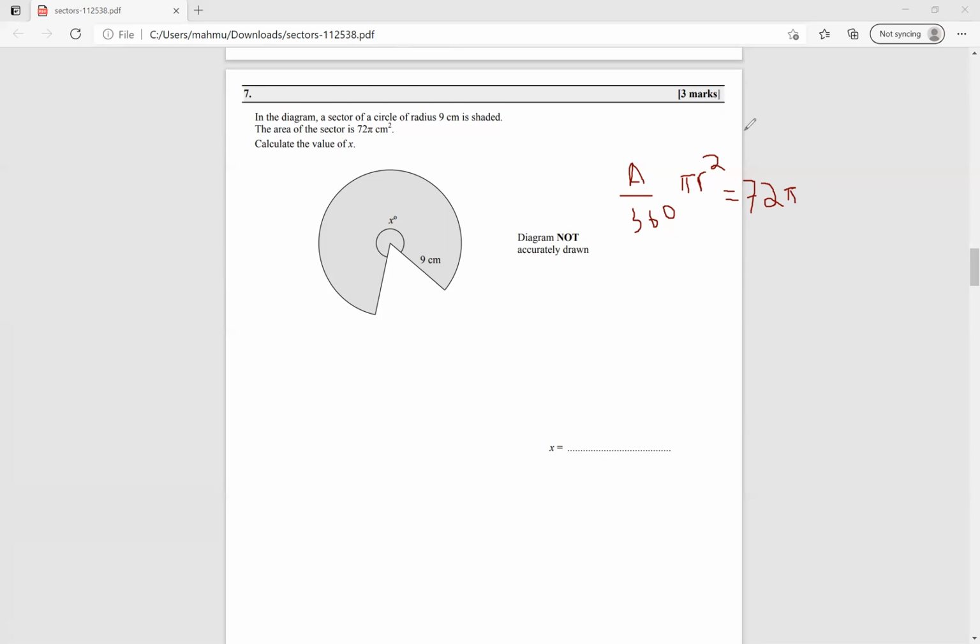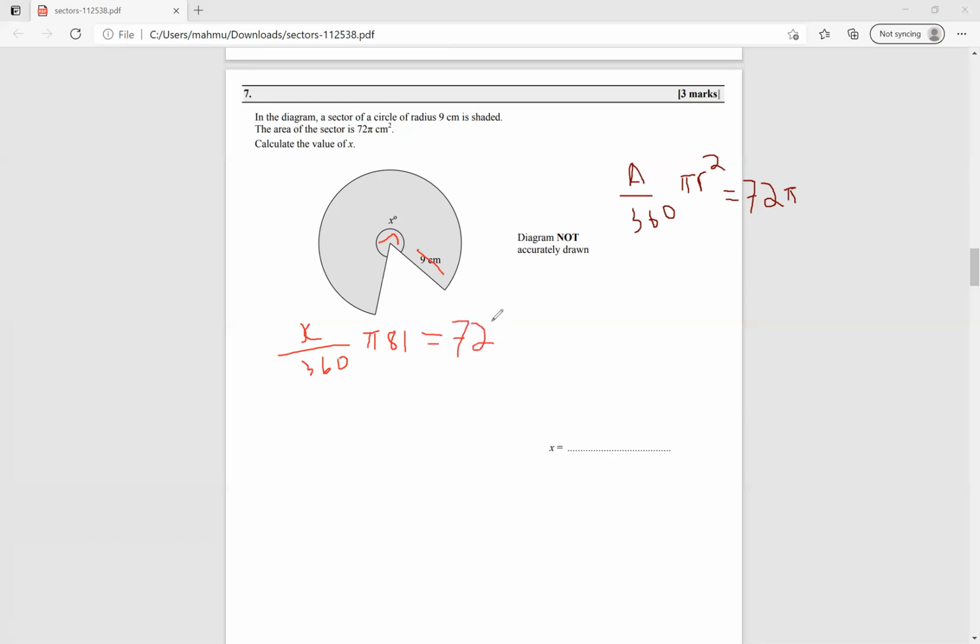So let me change the color again. So A is now my x, because this is the angle x, over 360, times pi, r is 9, sorry, so r is 9 squared. So 9 times 9, I know is 81, right? And then that equals 72 pi.